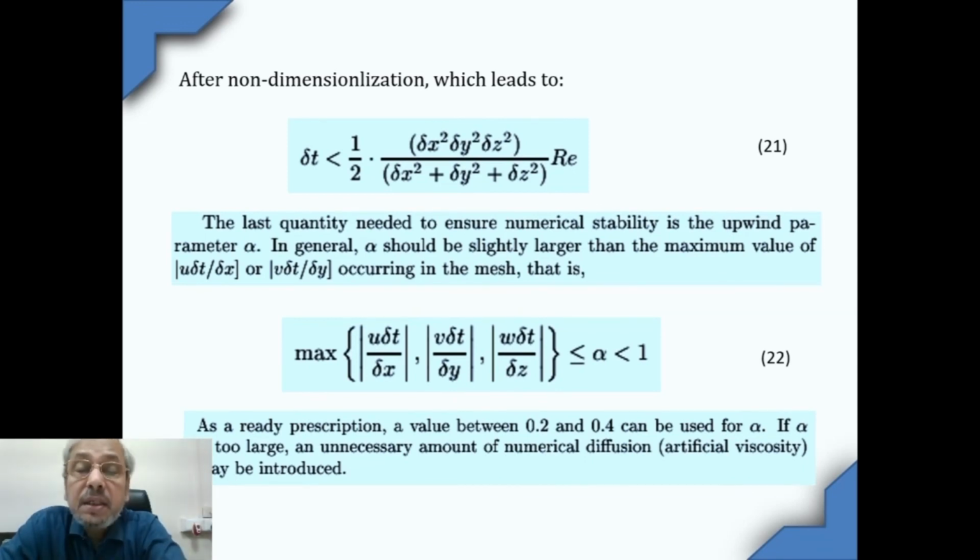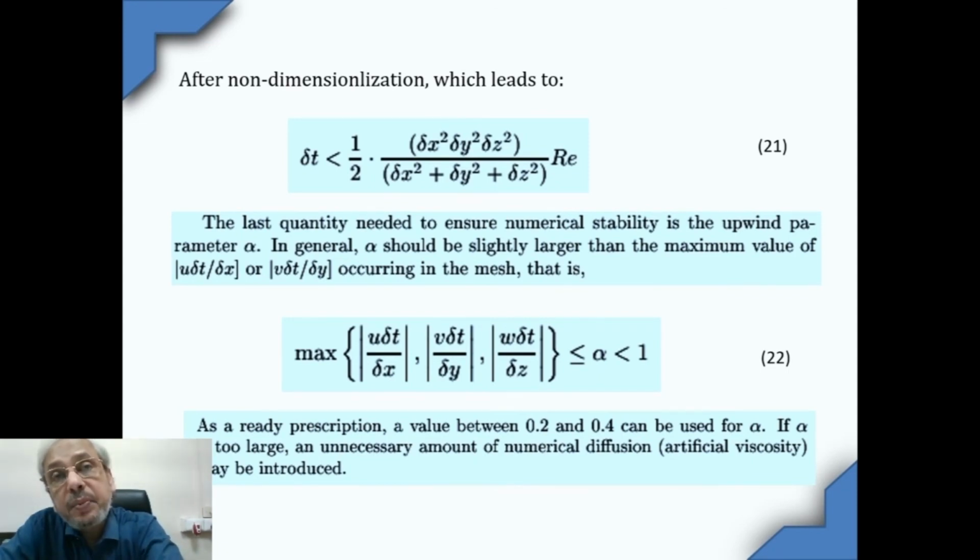So alpha 0.2 or 0.3, or even 0.1 if there is no problem related to stability. That should be experimented.